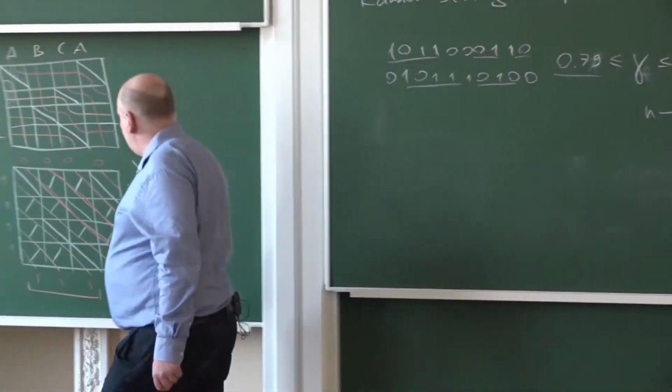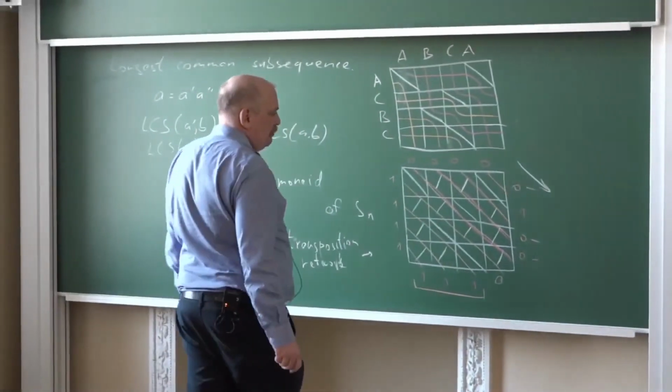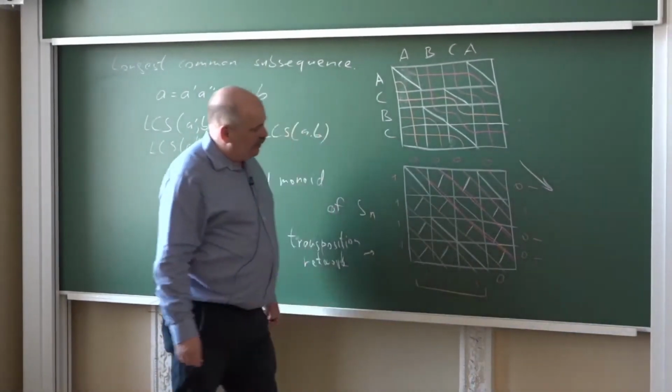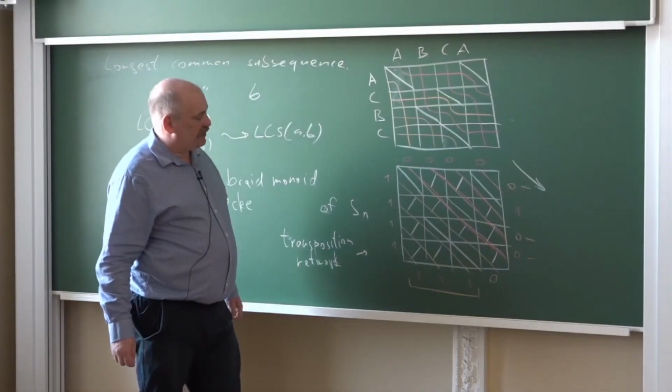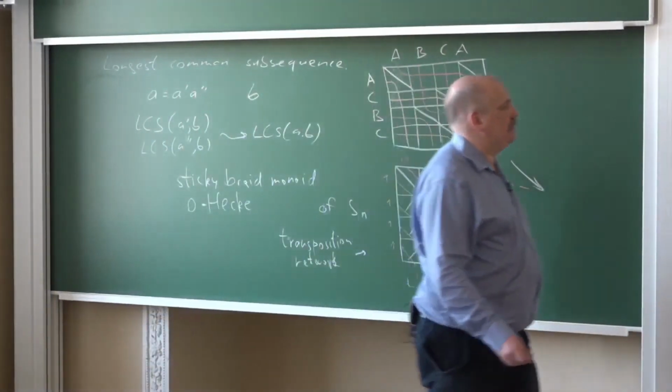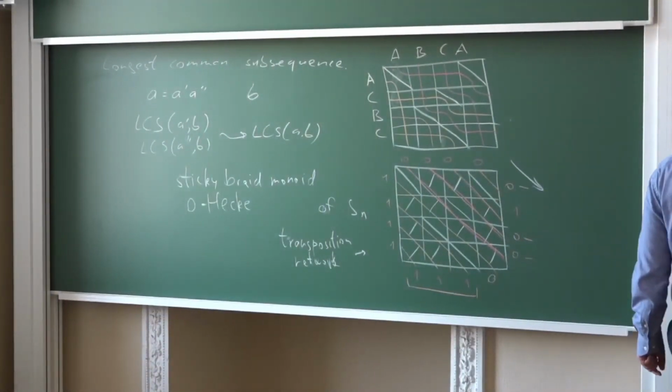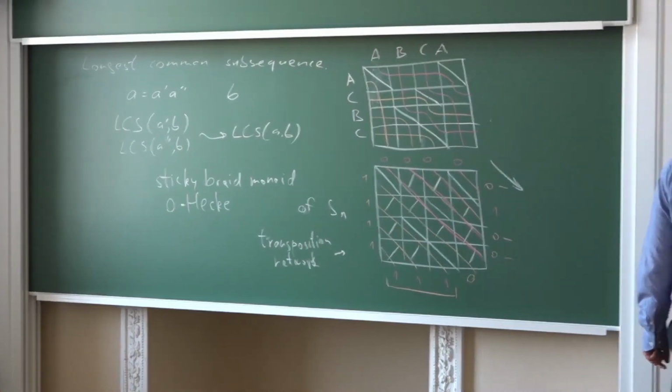There are lots of other ways to interpret this, as I say. Another way to look at this are well-known stochastic processes known as TASEP, the totally asymmetric simple exclusion process.